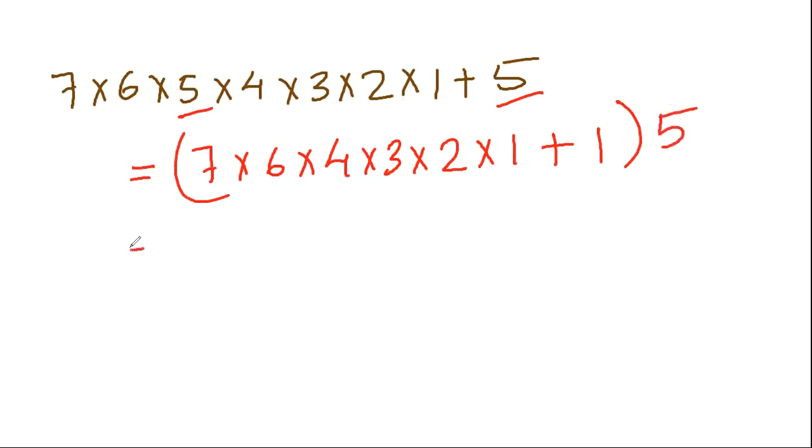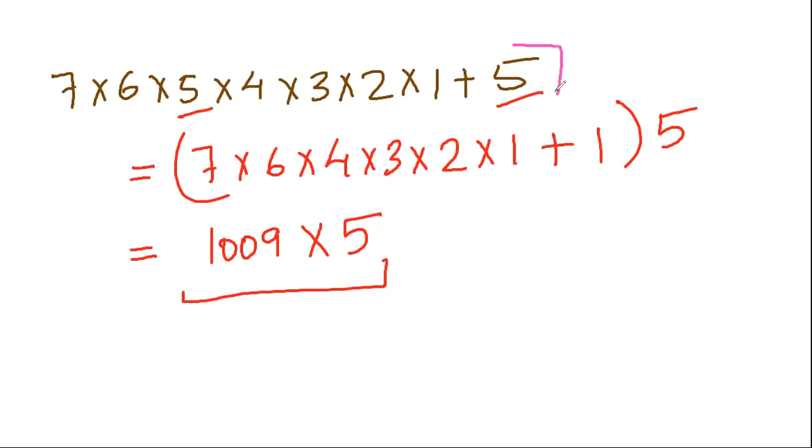Next, I solve what is inside the bracket and get 1009, and write it as a product with 5. Now it is a product of prime factors, so this expression is obviously a composite number.